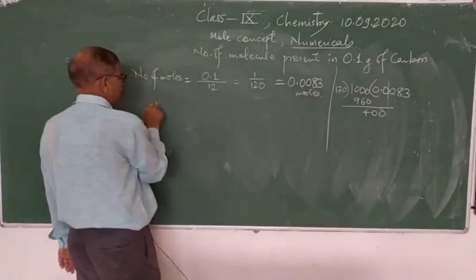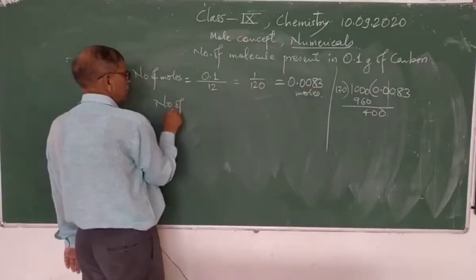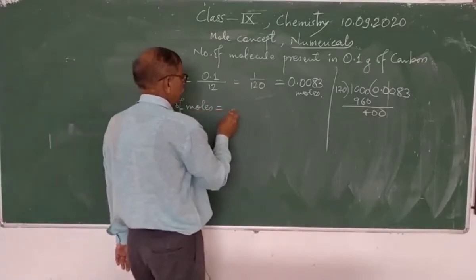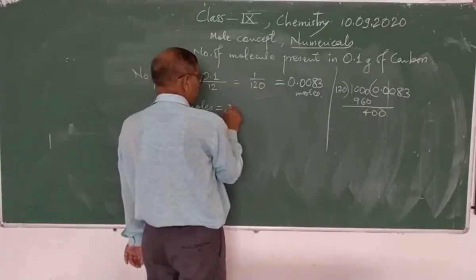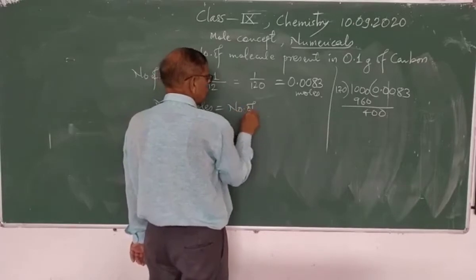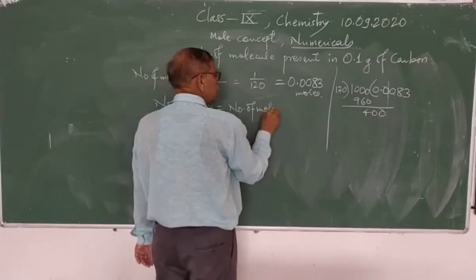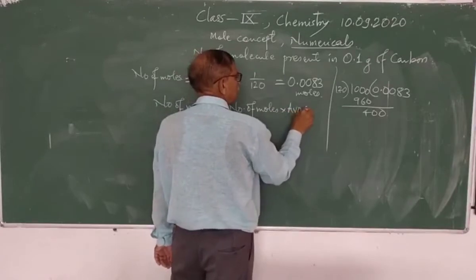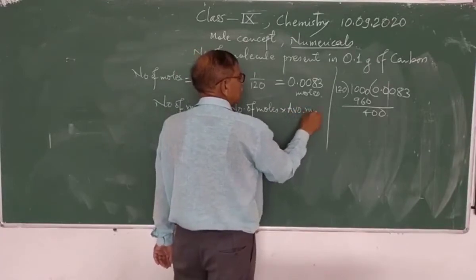And number of molecules is equal to number of moles into Avogadro's number.